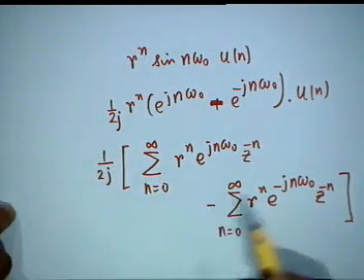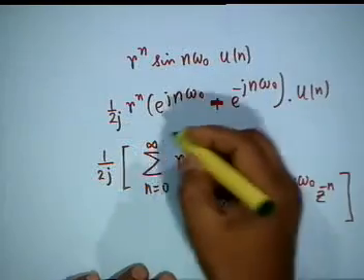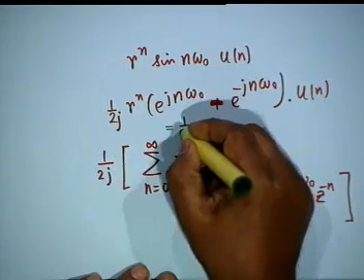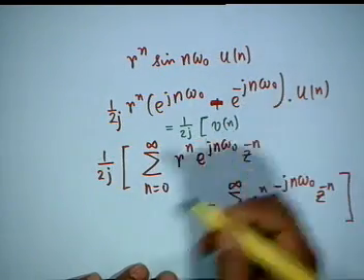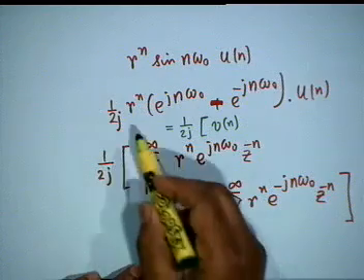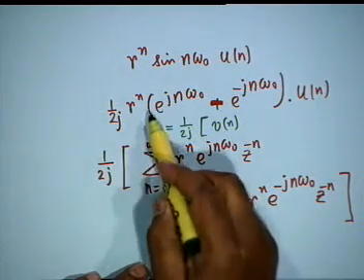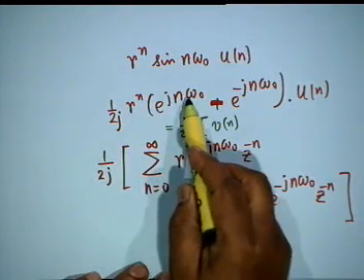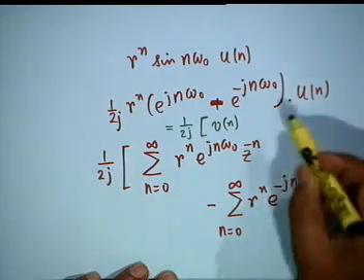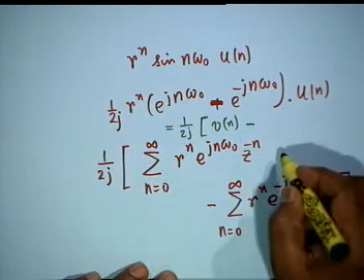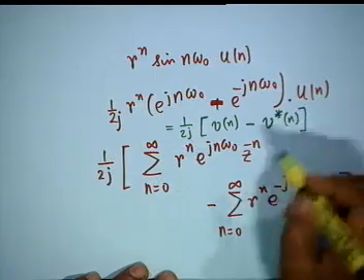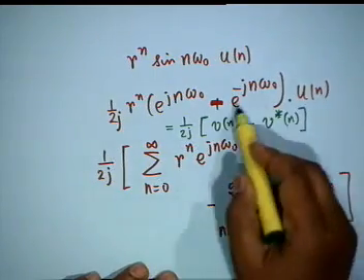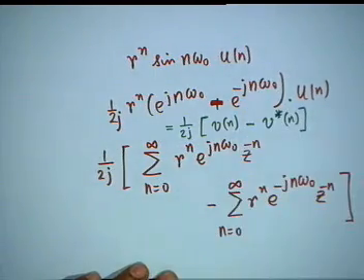In other words, we could write this as 1 over 2 j some sequence v of n, where v of n is r to the n e to the j n omega 0 u of n, and minus v star of n, right, because here the only change is e to the minus j n omega 0.